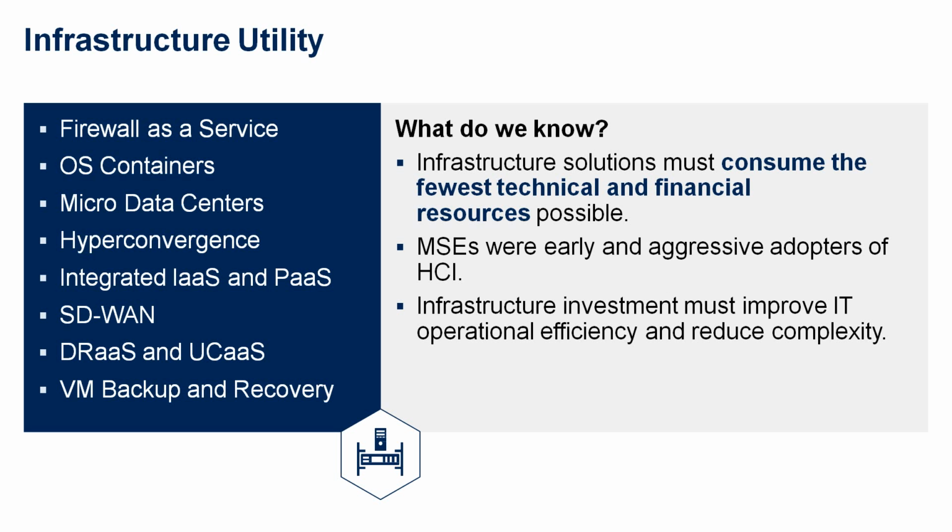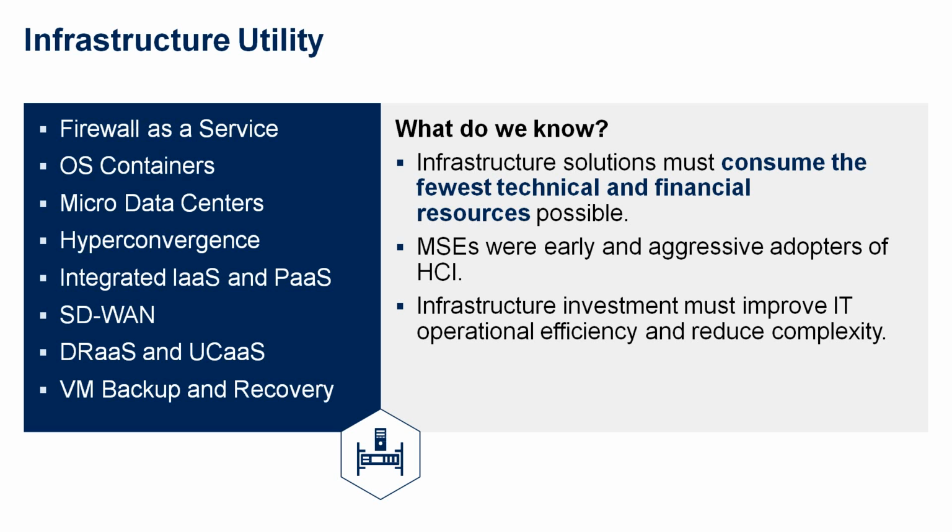So we should look at something as a service, and try to consolidate it, and either have it in-house or contract it outside. There are a few infrastructure utilities which can be consolidated or standardized, like firewall as a service.